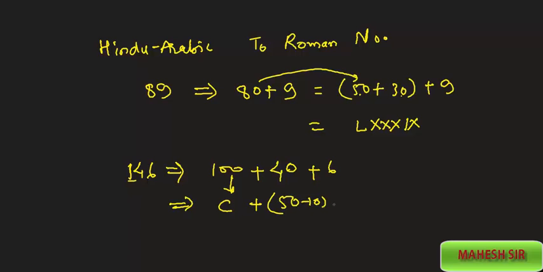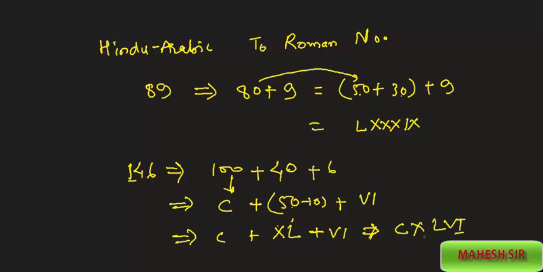So C, then 50 minus 10 is XL, because L, the larger number, is on the right and the smaller number on the left side. And then VI. Now the answer is CXLVI. This is the number 146. I hope you understand how to convert from Hindu Arabic to Roman and Roman number to Hindu Arabic. Okay, now students solve the worksheet.